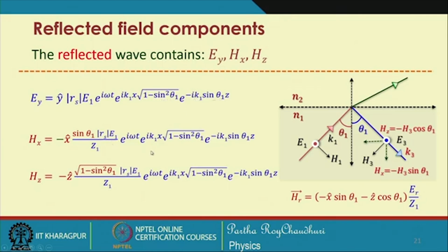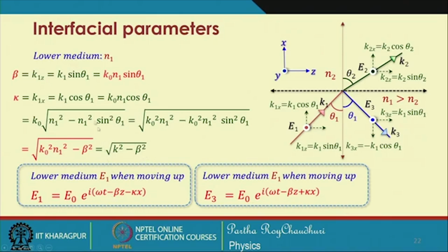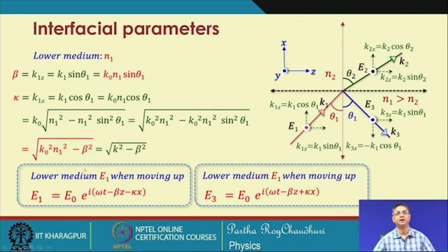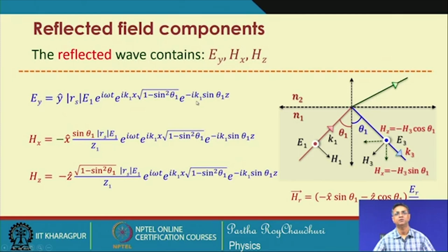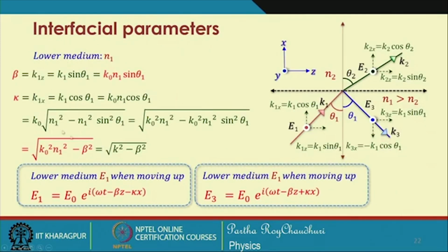For the x component I have written kappa into x, and for the z component, the second part of this equation, k 1 sin theta 1 z, I have written beta.